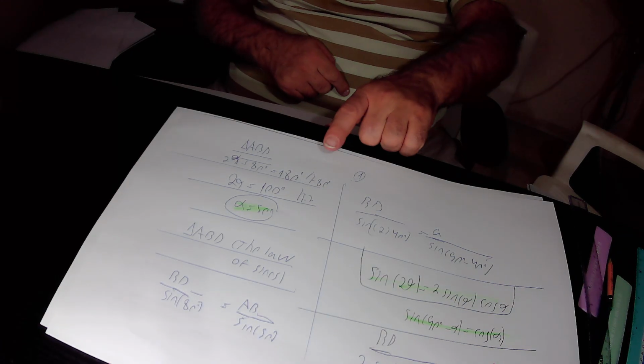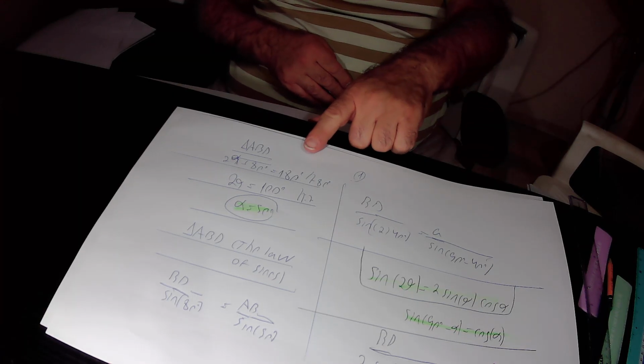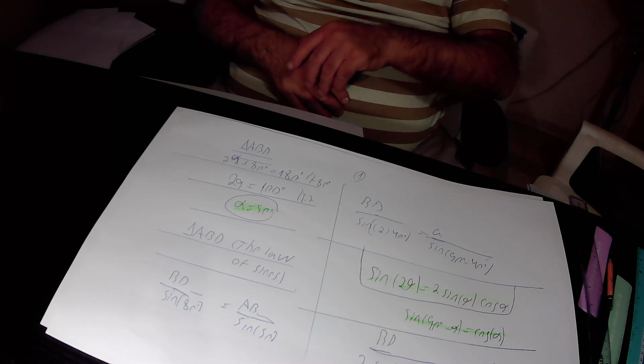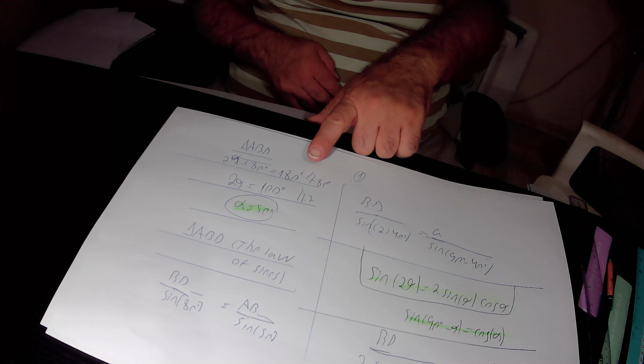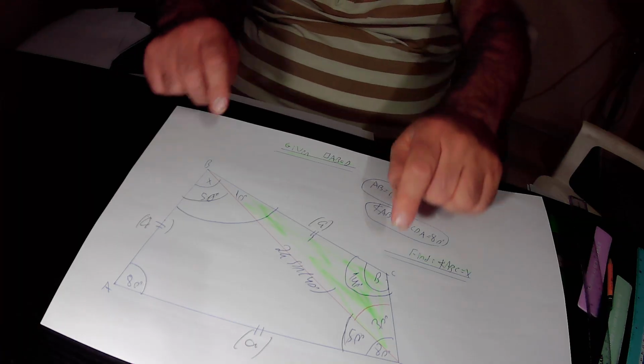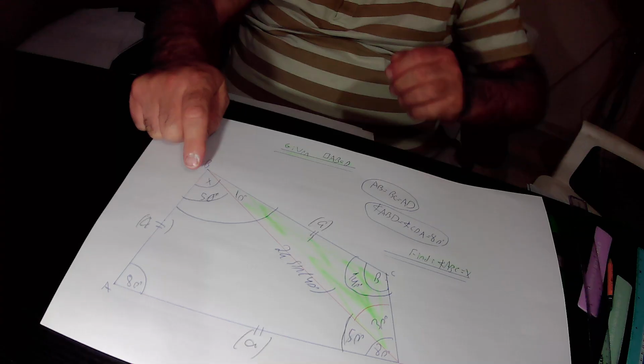If we subtract 80 degrees from 180 degrees, we find that 2 alpha equals 100 degrees. If we divide this equation by 2, we find that the missing angle alpha equals 100 degrees over 2, that is 50 degrees. Those two angles are both equal to alpha, therefore each of them is equal to 50 degrees in size.